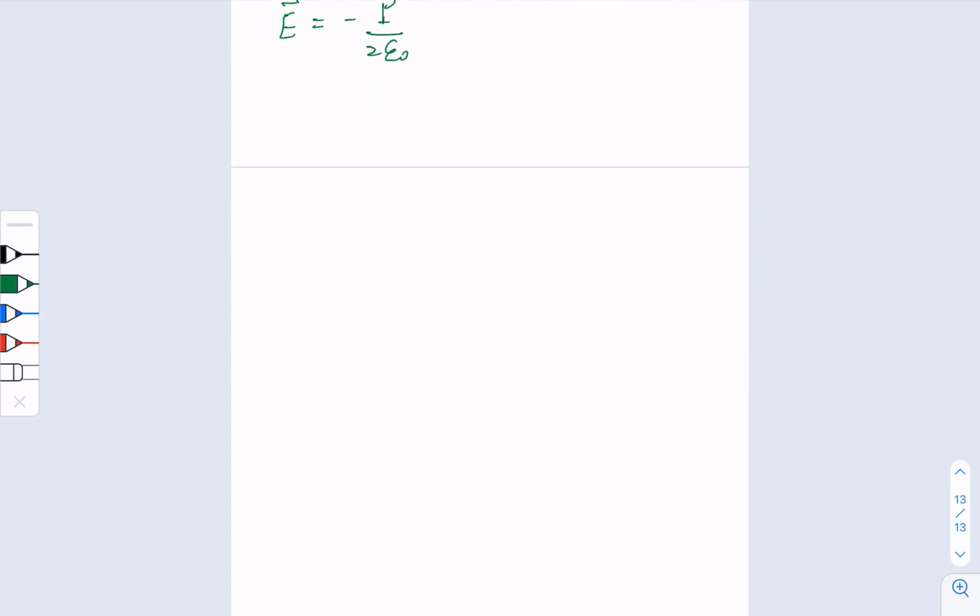So this time we are choosing a slightly larger cylinder for the area of integration.